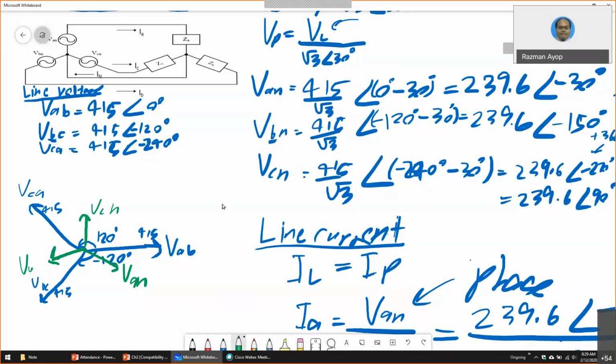So this one is 30 degrees, this one is 90 degrees, and this one is negative 150 degrees from here. So make sure you know how to draw the phasor diagram if they ask you to.